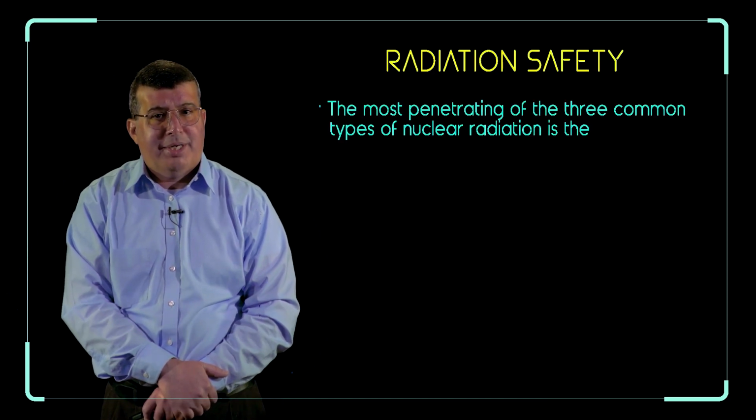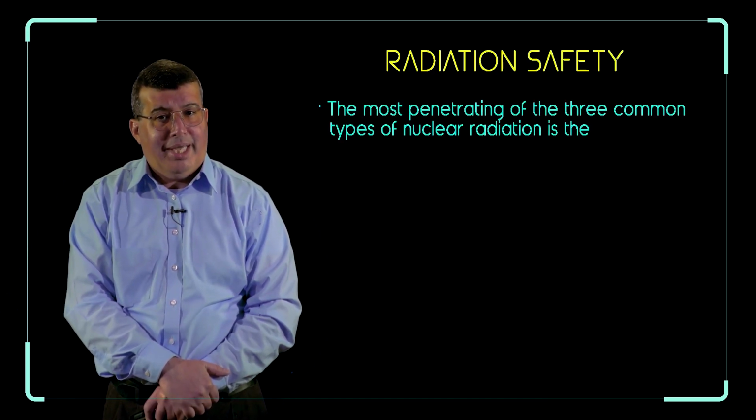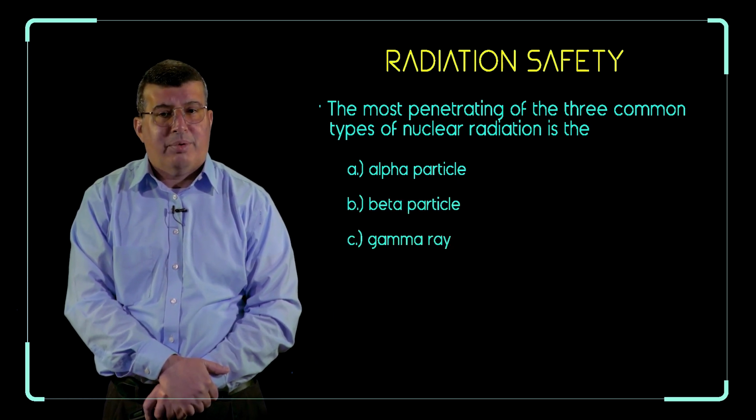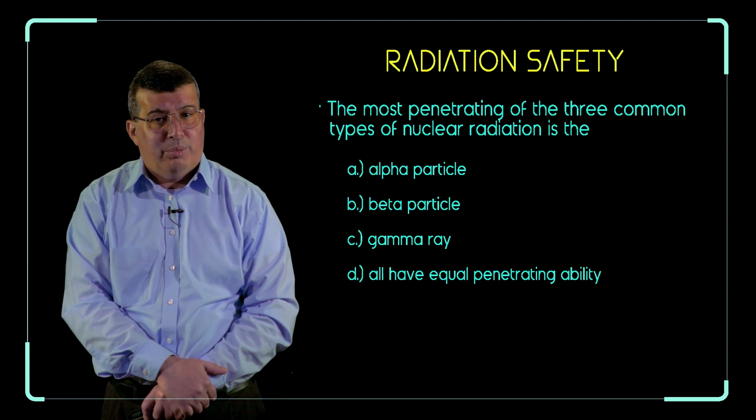Next question. The most penetrating of the three common types of nuclear radiation is the A, alpha particle, B, beta particle, C, gamma ray, or D, all have equal penetrating ability.